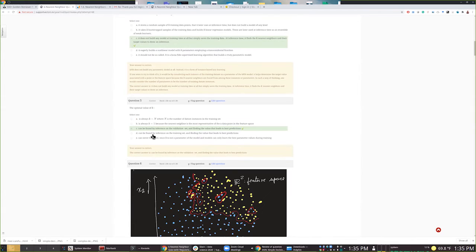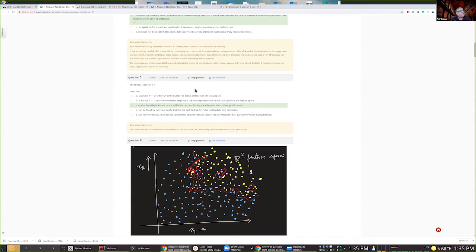The optimal value of K should be what? It should always be N, the total number of data points? Well, that is a bad idea, isn't it? It will lead you to the baseline classifier. Is it always 1? That also is wrong. You might think that the nearest neighbor is the most representative, but no, that leads to high variance, overfitting.